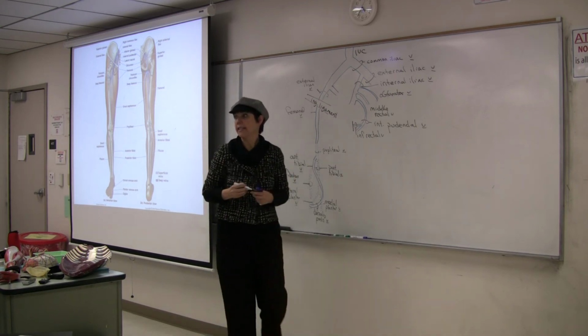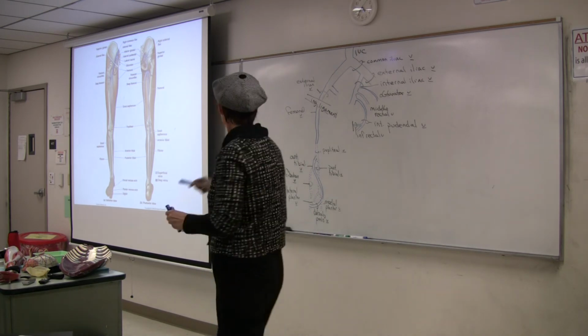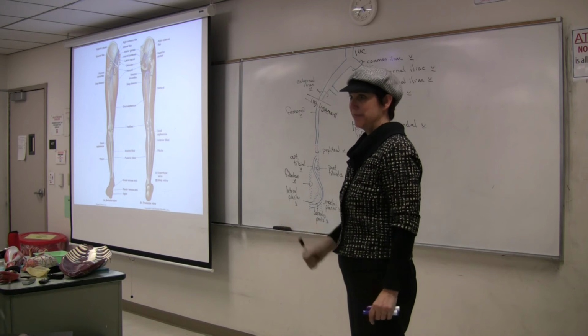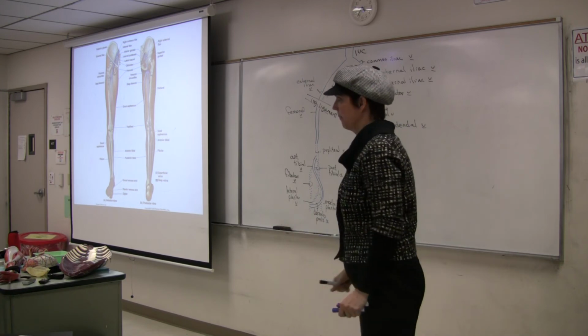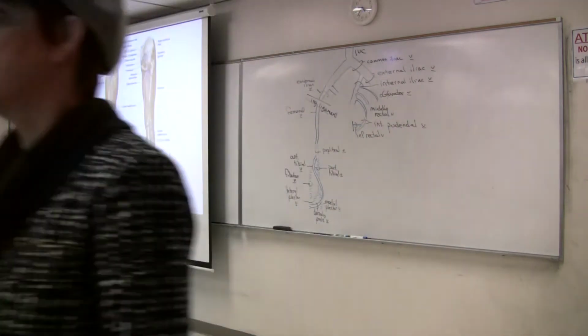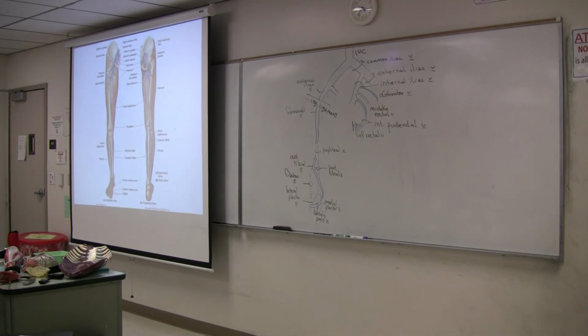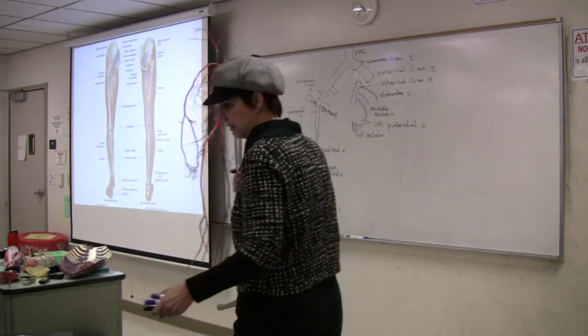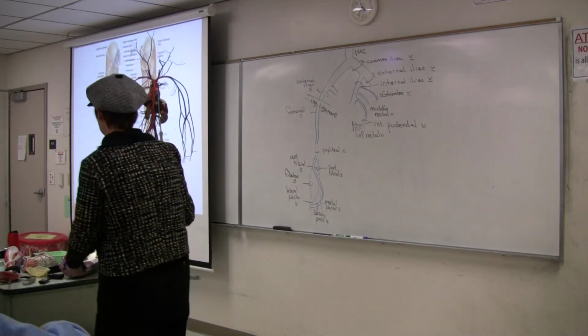So those were all the vessels that we talked about at the beginning of class that were arteries of the lower limb. Okay, and these are the veins that accompany them. So if we look at our wire model, which these work best for the azygous system and the extremities.